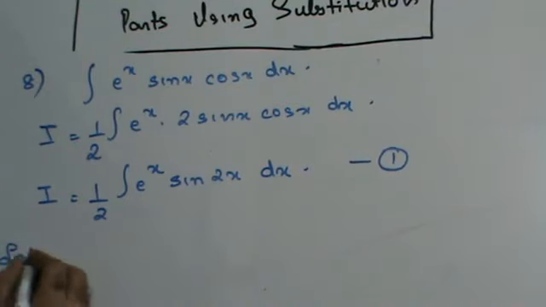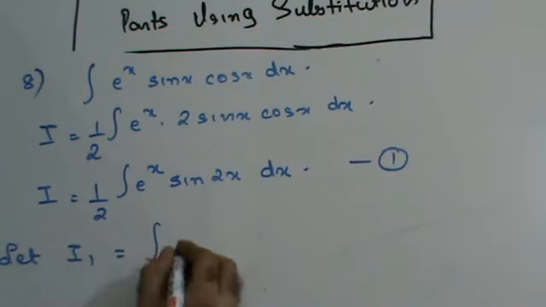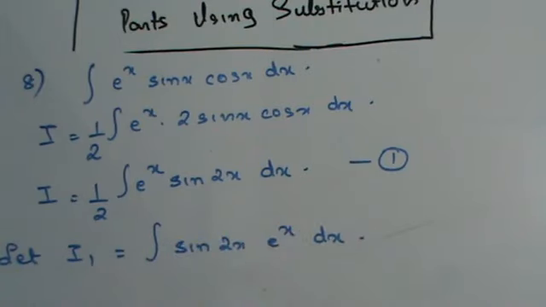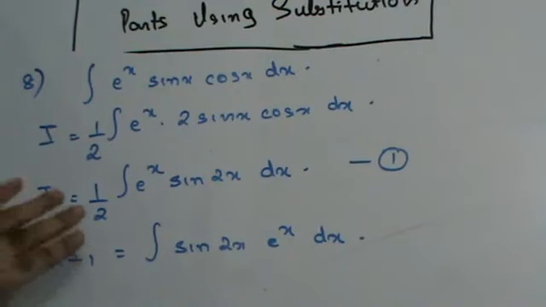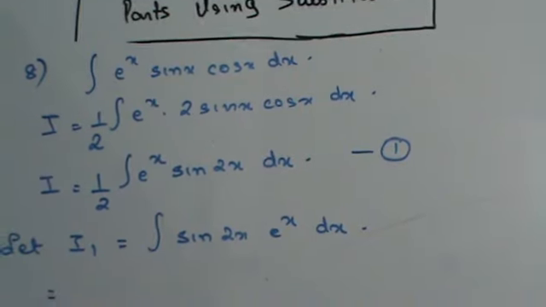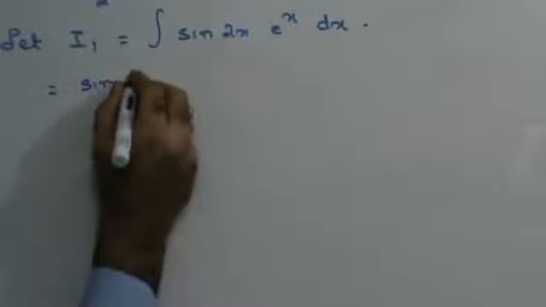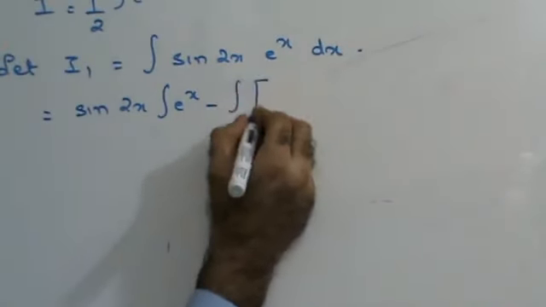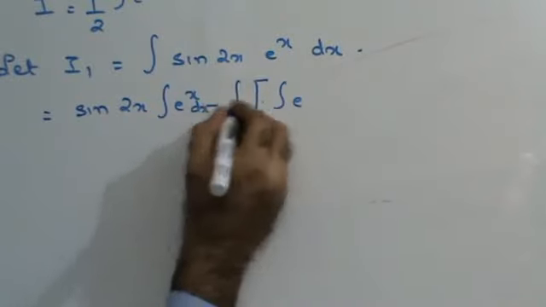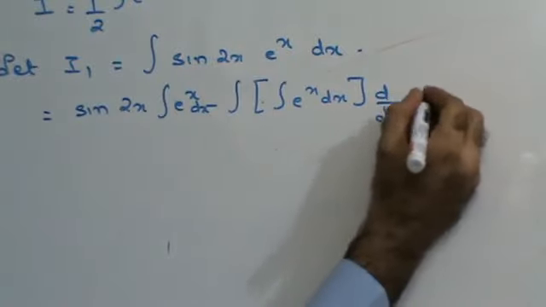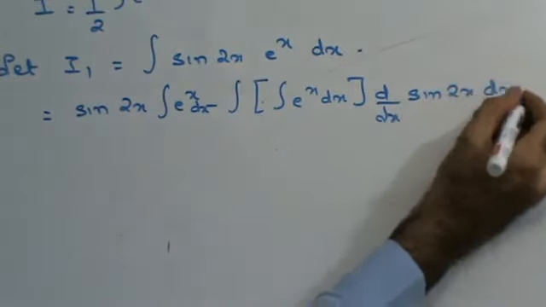Now let I1 be integral of sin 2x e raised to x dx. I'm leaving that half out and just doing the balance part of the sum. Here you can apply by parts: u integral of v minus integral of v into derivative of u dx.